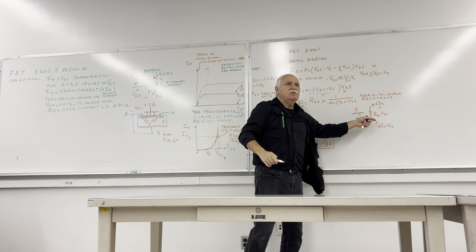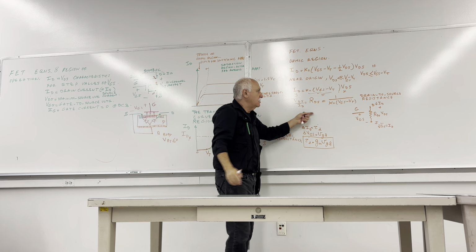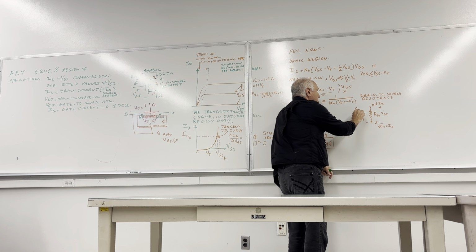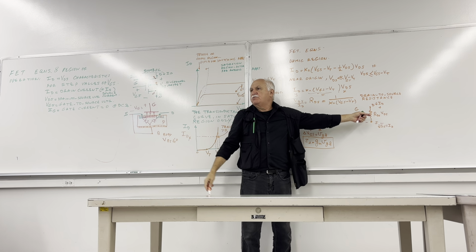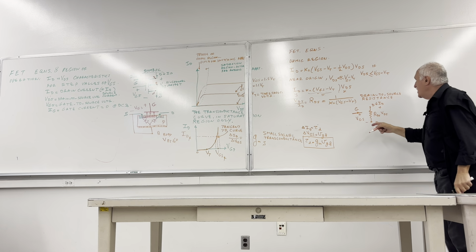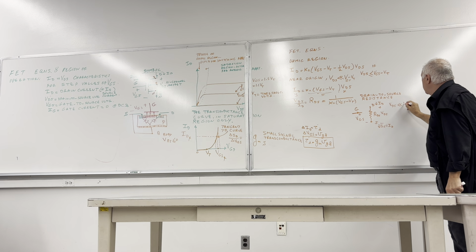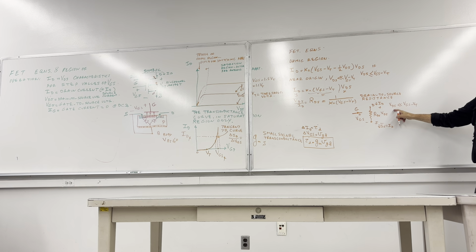You remember, IB against the IC was a beta times. You don't have beta in here. It's just 3 terminals: one is gate, one is drain, one is source, and a resistance between drain and source. This happens when VDS is much, much smaller than VGS minus VT. That means near origin.